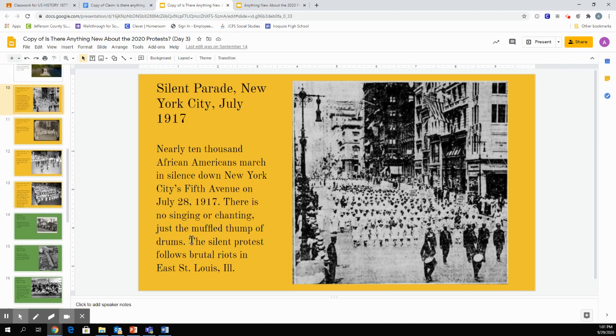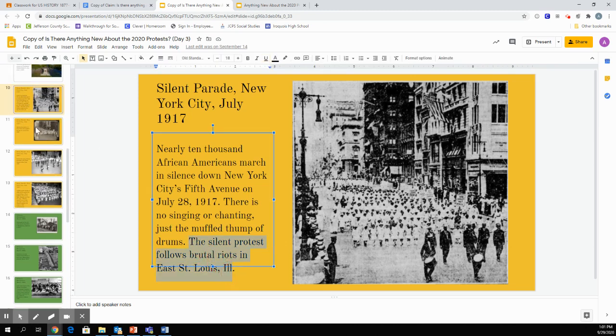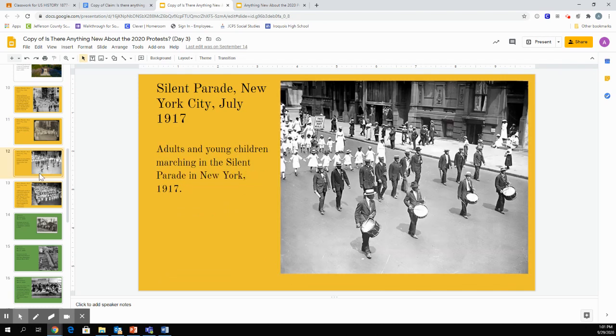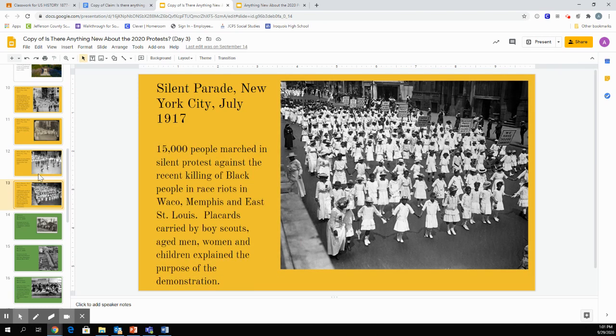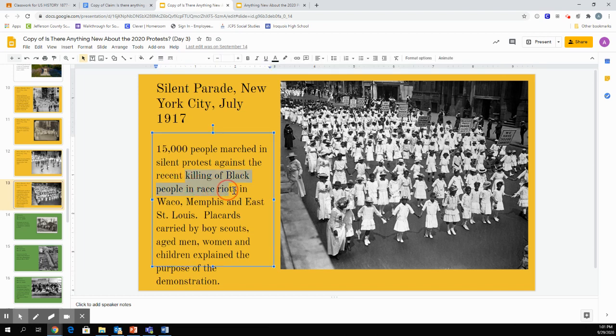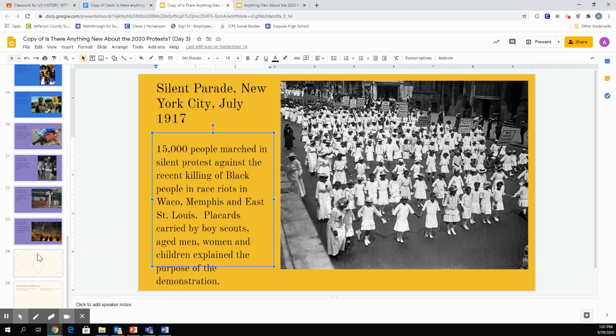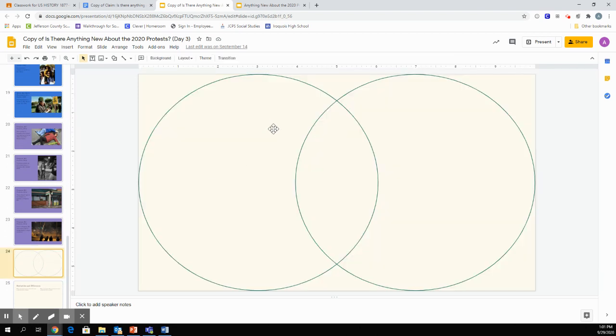Because you see, they're protesting against brutal riots and violence. It's called recent killings of Black people in race riots. So there's a similarity between historic and current protests. And if you want to add to here, you just add insert text box.